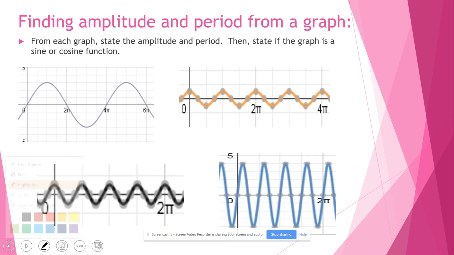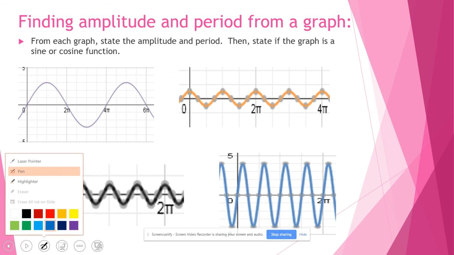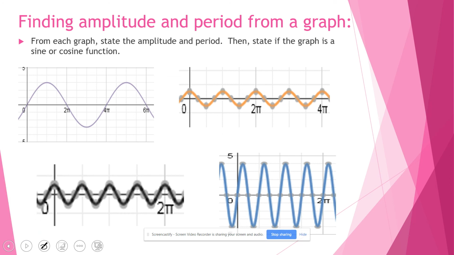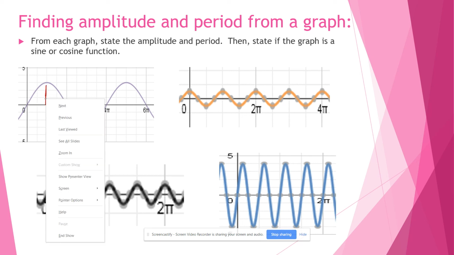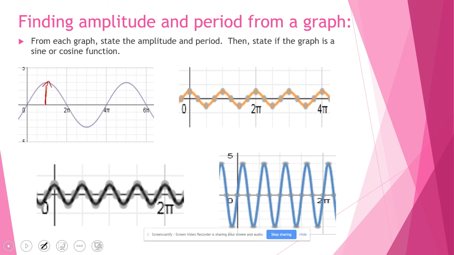Finding amplitude and period from a graph. Basically what we're going to do is we're going to find our first hill or valley and count from the x-axis either up or down. So our first hill in this one is going up 1, 2, 3. So our amplitude is 3.